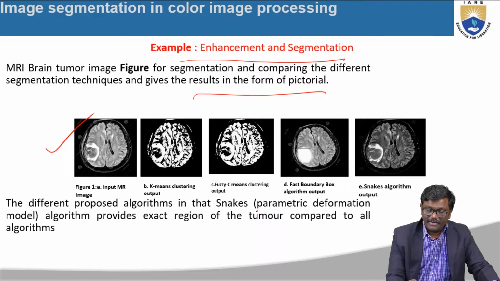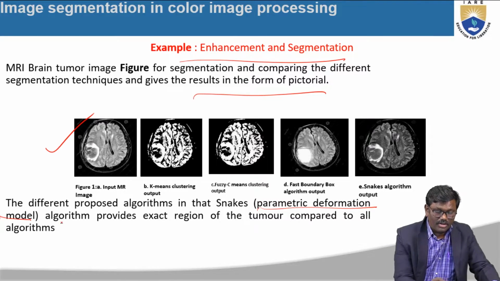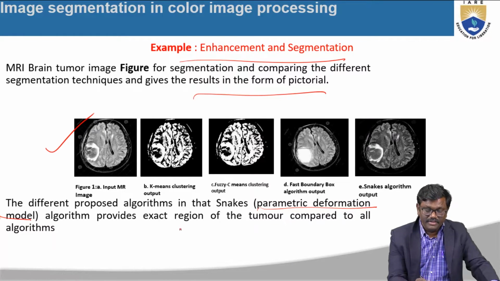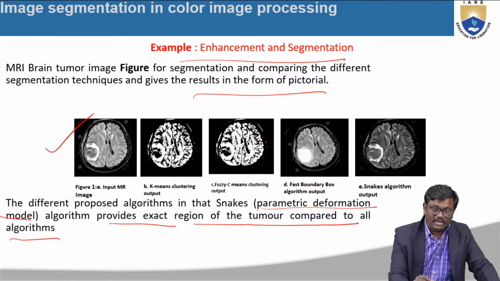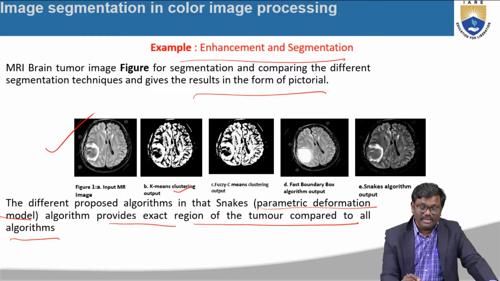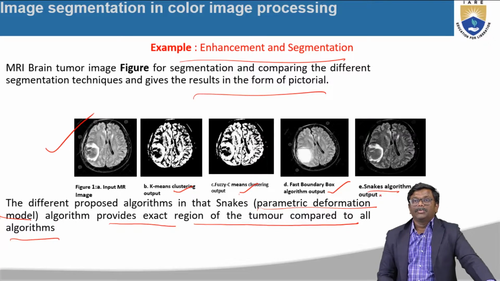Let you take the parametric deformation model, which also provides the exact region of the tumor compared to all the algorithms. What are the algorithms we are comparing with image segmentation? You are applying the K means cluster algorithm, image segmentation based on fuzzy C means, image segmentation based on the fast bounding box algorithm, and image segmentation based on the snakes algorithm.